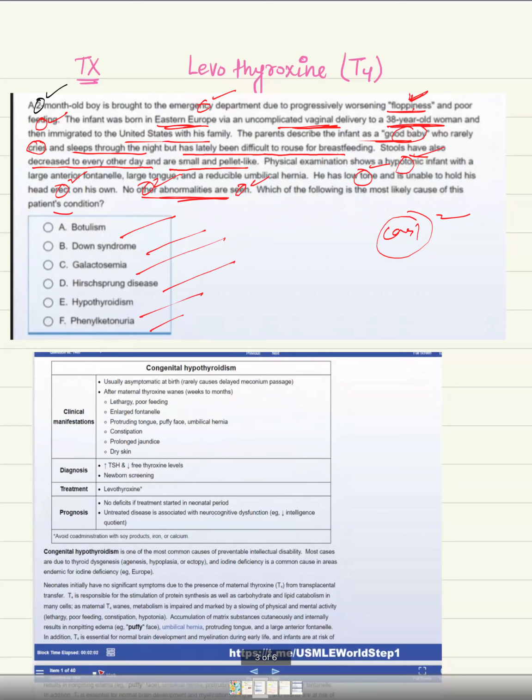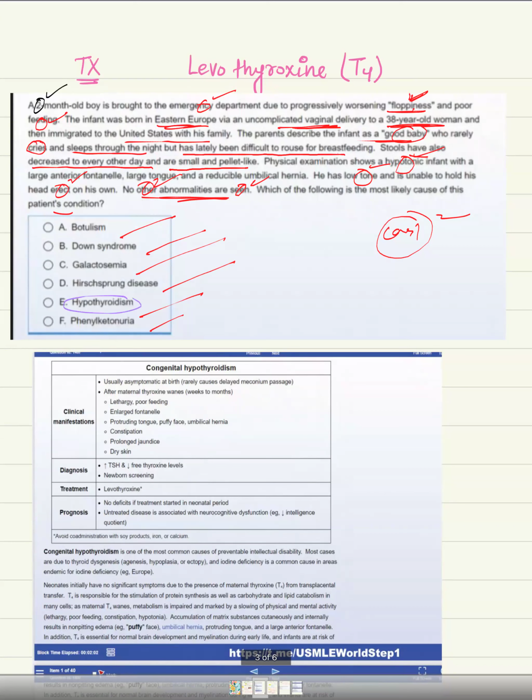As for every clinical feature, I already described them in the lecture. Here the baby is showing signs of hypotonia, umbilical hernia, large tongue, and large anterior fontanelle. The baby is also floppy. So these are the classic clinical features of hypothyroidism.